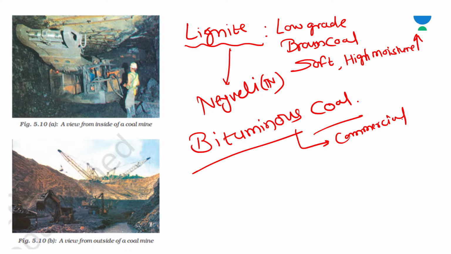Then metallurgical coal is high grade bituminous coal which has special value for smelting iron in blast furnaces.